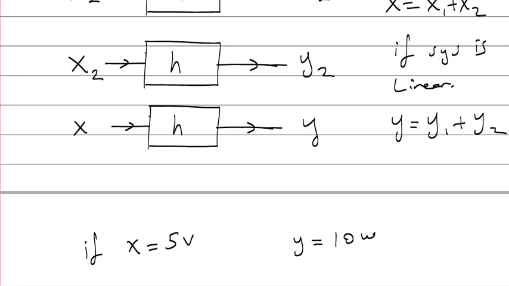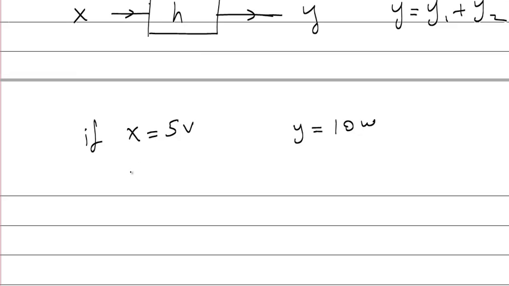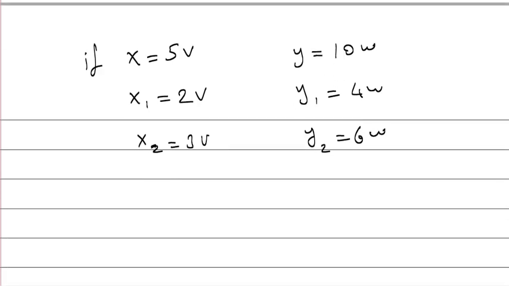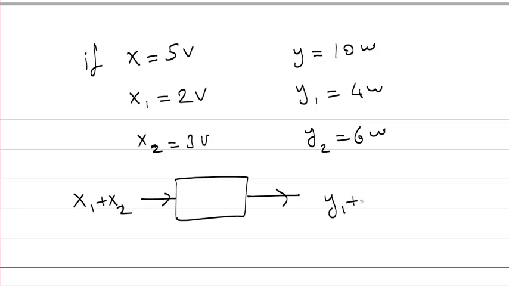If that system is linear, for X1, for example, I apply 2 volts, I should get 4 watts. If I apply 3 volts, I should get 6 watts. So because that system is linear, when I apply X1 plus X2 to the system, the output should be equal to Y1 plus Y2.